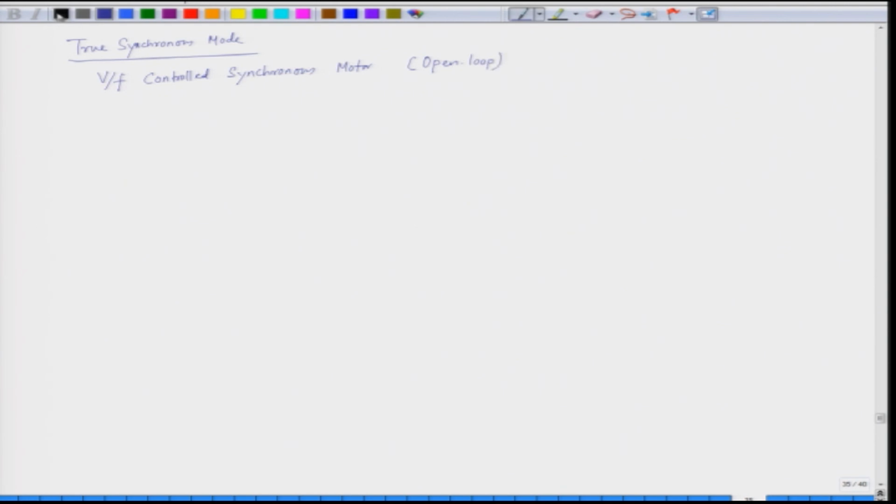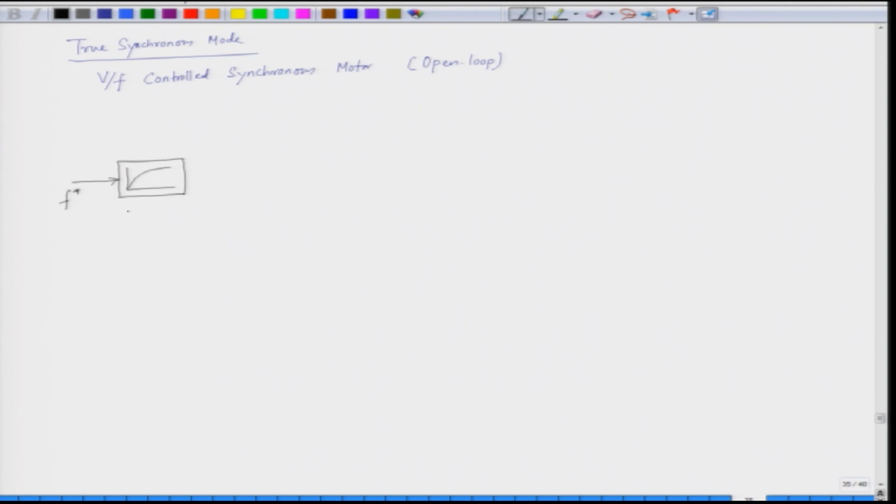So, let us draw the block diagram. Here we have the reference frequency, the frequency is changed independently. So, we have a reference frequency here and which is fed to a delay block.